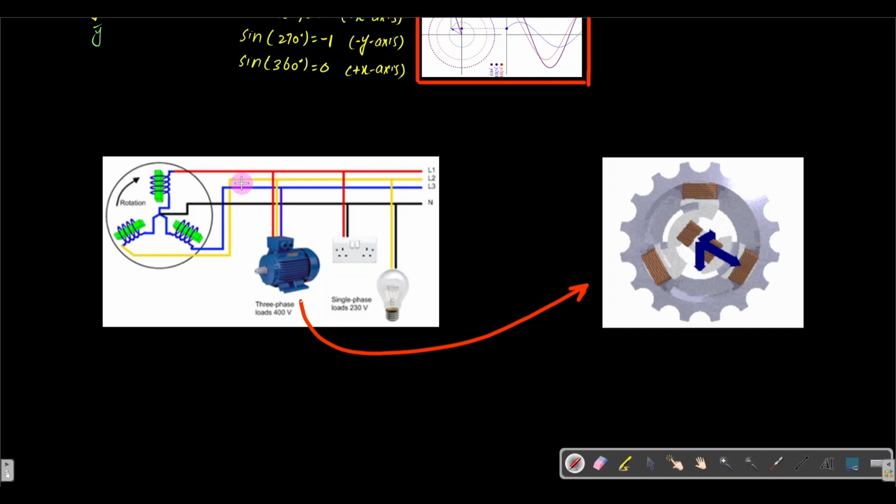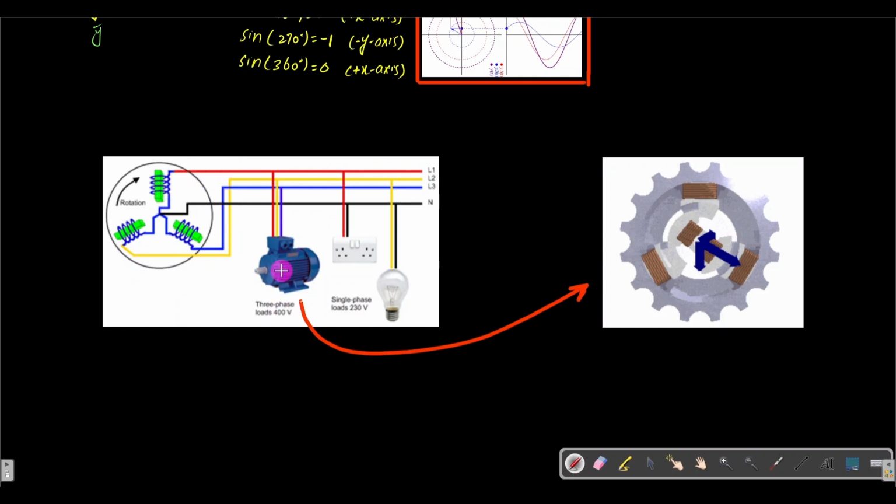You may see in the transmission lines we have three lines, and they come from the powerhouse towards your town. So we have the three lines: one is this blue color, the other one is this yellow color, and the other one is this red color, and we have the three phases.